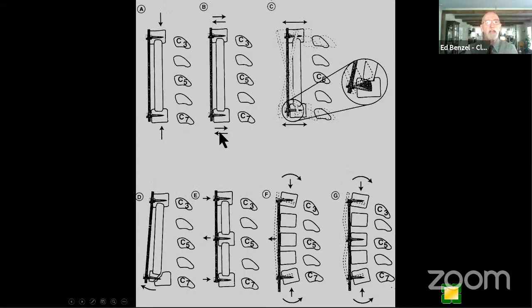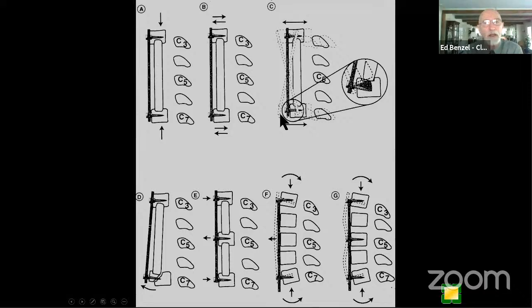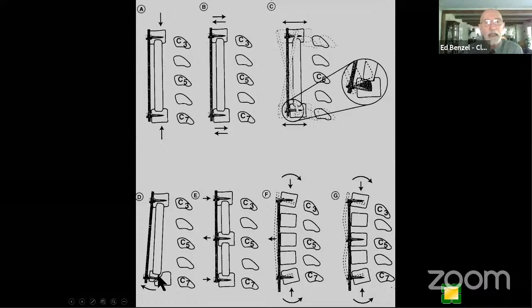You might say it fails because it doesn't resist axial loads very well. Well, that's probably not true. It relatively effectively resists axial loads, but what it doesn't resist is translation or rotation. And then henceforth, the screw bone interface weakens and ultimately can fail, as depicted in D.